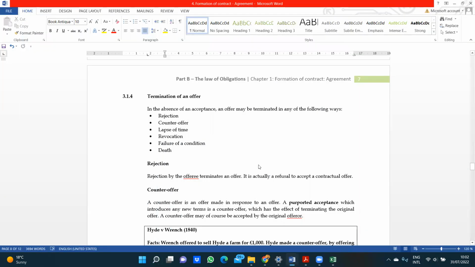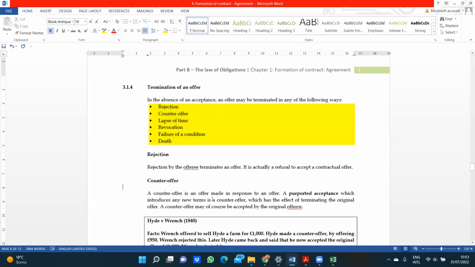In the absence of an acceptance, an offer may be terminated in any of the following ways: rejection, counter offer, lapse of time, revocation, failure of a condition, and death. These are cases which may terminate an offer.